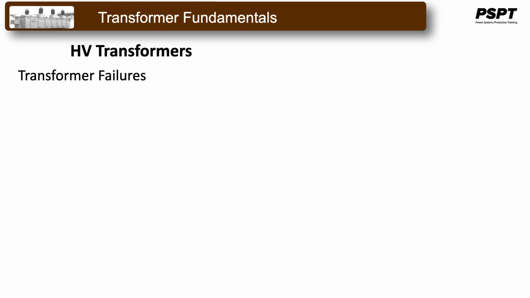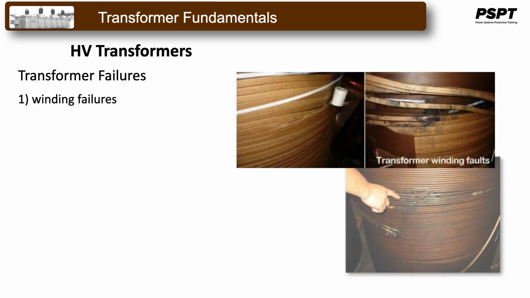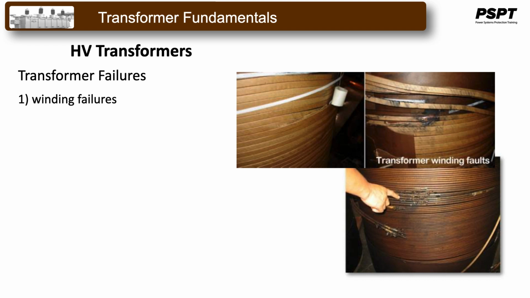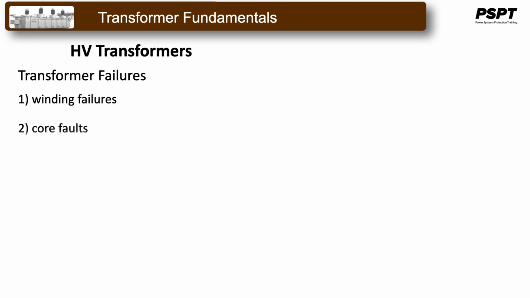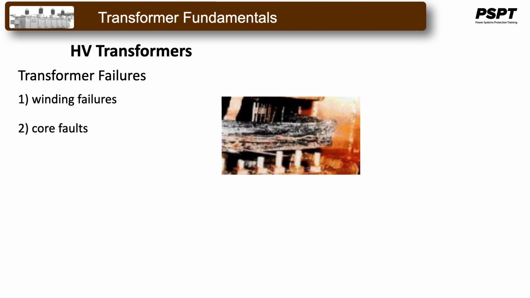Most transformer failures fall into these categories. Winding failures due to short circuits, turn-to-turn faults, phase-to-phase faults, phase-to-ground faults, and open windings. Core faults, core insulation failures, and shorted laminations.